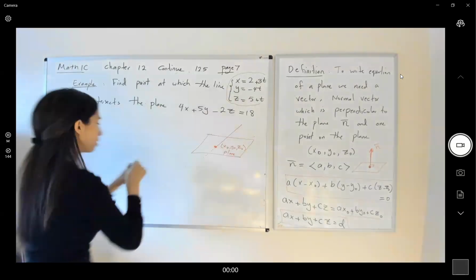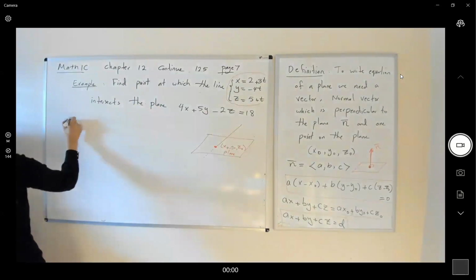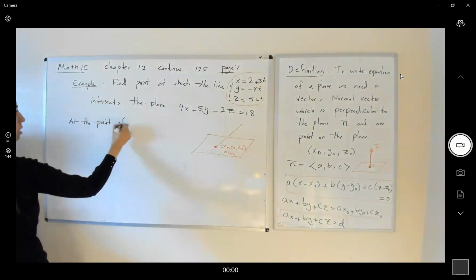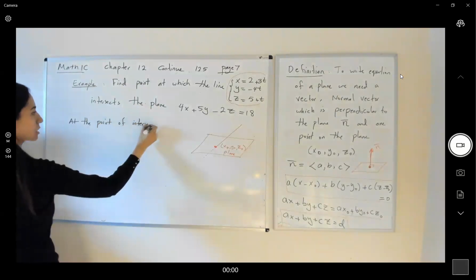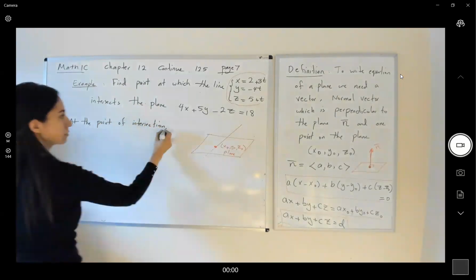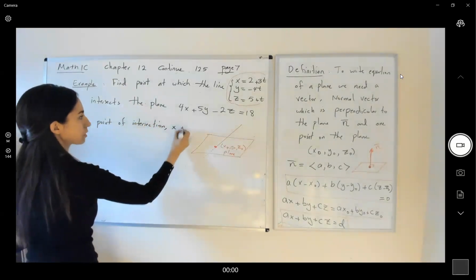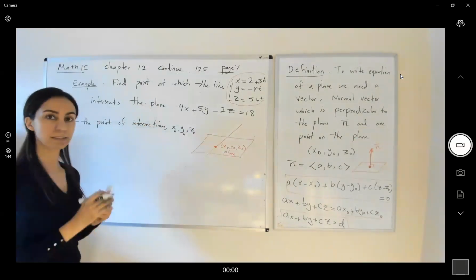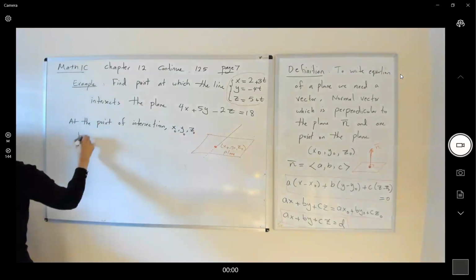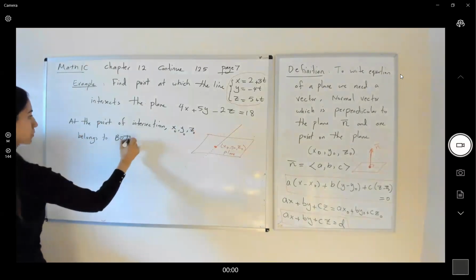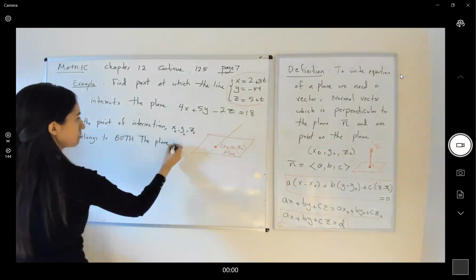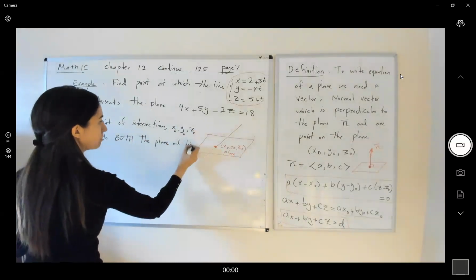At the point of intersection, so note that at the point of intersection, x sub 0, y sub 0, and z sub 0 belong to both the plane and the line.